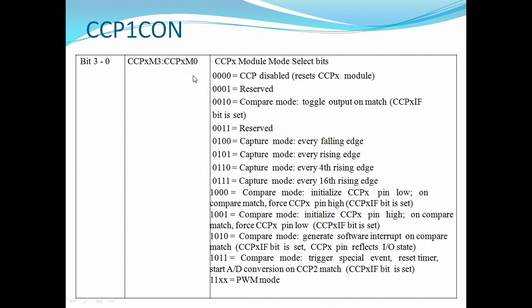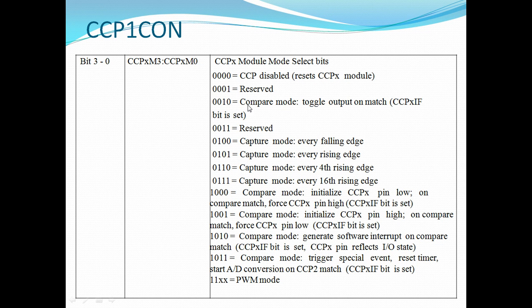If I want to use capture mode, I should write 0100, 0101, 0110 or 0111. 0100 is capture mode every falling edge, 0101 is capture mode every rising edge, 0110 is capture mode every fourth rising edge, and 0111 is capture every 16th rising edge. These four modes can be configured for capture mode of the CCP module available inside the PIC microcontroller.